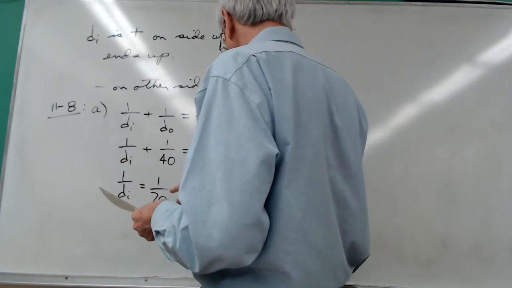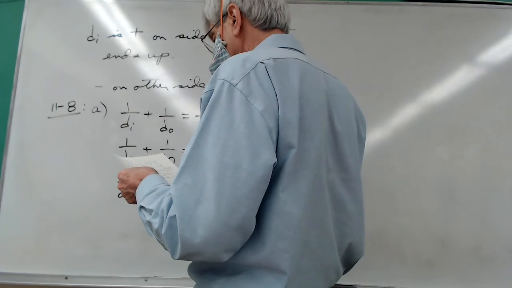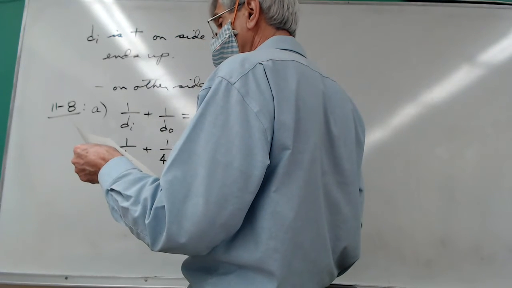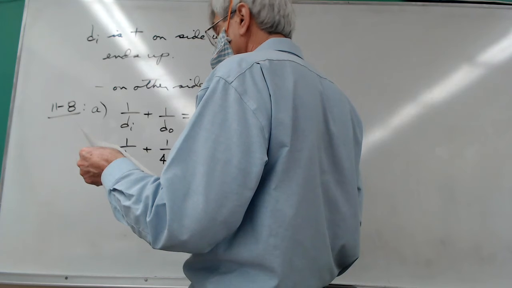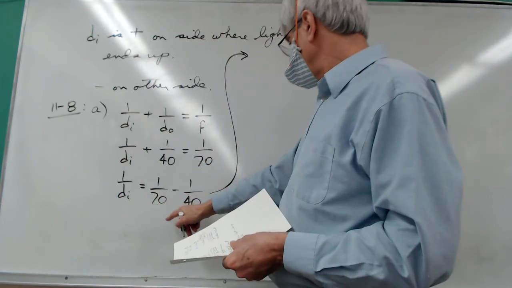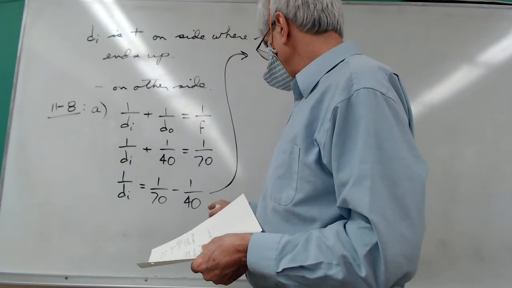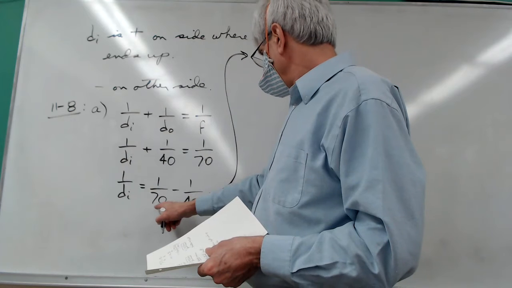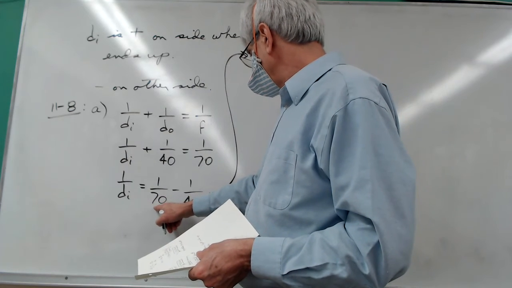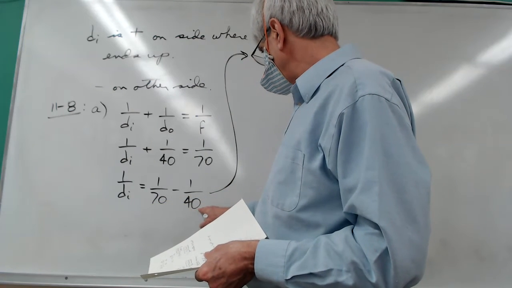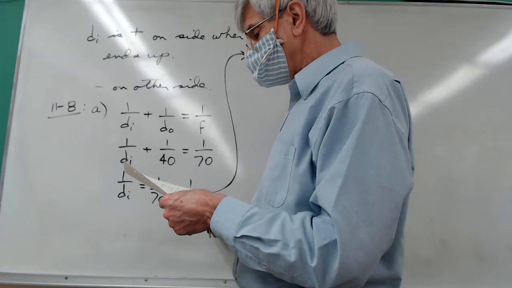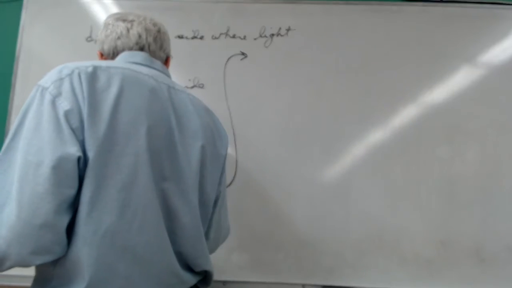But I'm going to use a common denominator here. Or, no, actually, I didn't. Well, if you wanted a common denominator, it would be 280. So you'd have, I guess it would be 4 over 280 minus 7 over 280, if I did that correctly in my head.